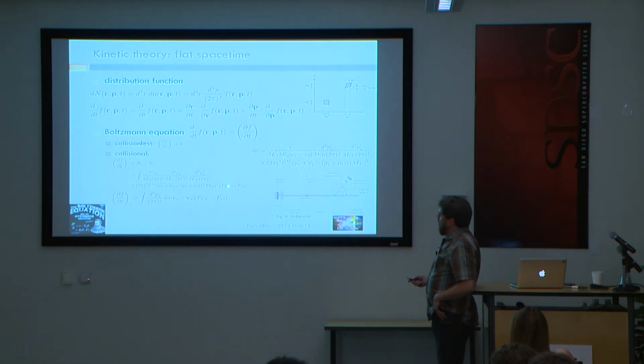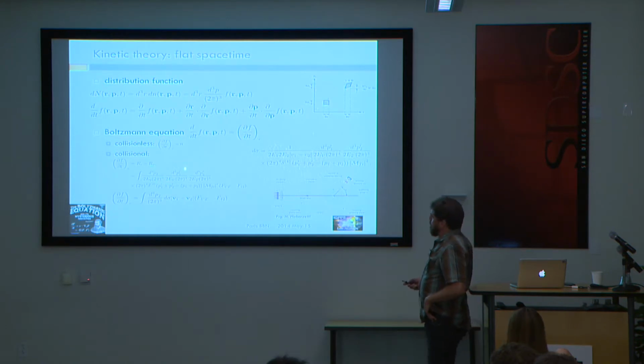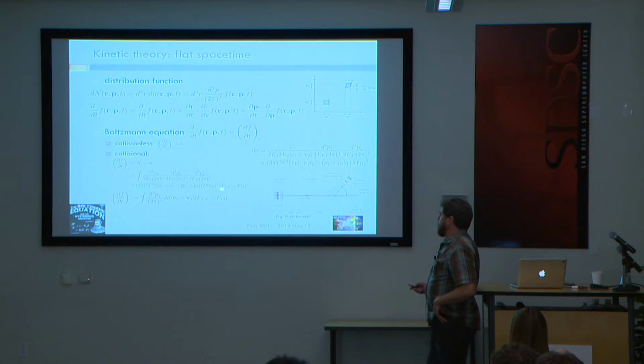And that's given by, so the change in the distribution function as a function of time, simply due to collisions alone, is given by a difference of rate equations in and out, or forward and reverse. And I'm going to go over the next few slides in some detail about what all these things mean.